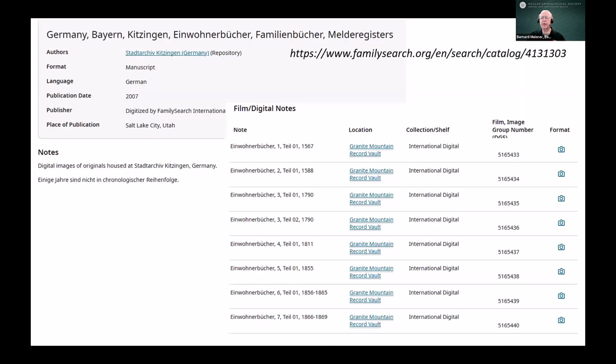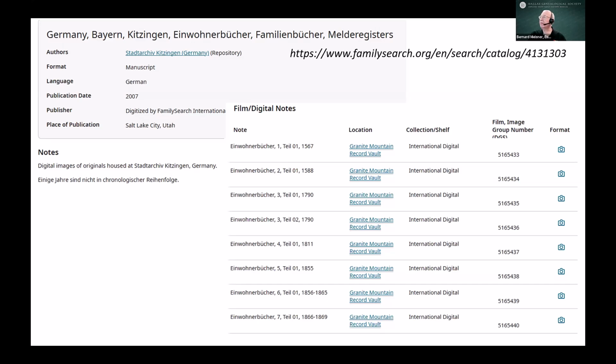Then you can also go in, and this doesn't show us even a direct site. It's been digitized: German Bavaria Kinstigen, Einwohnerbücher, Familienbücher, Metals registers. And we're interested particularly in the Einwohnerbücher, the book listing the residents. You can see they have records starting in 1567.